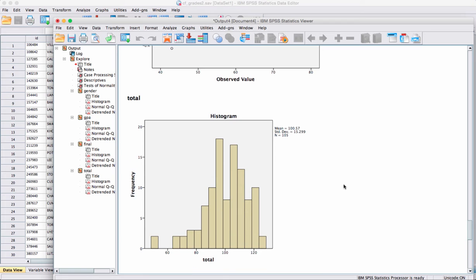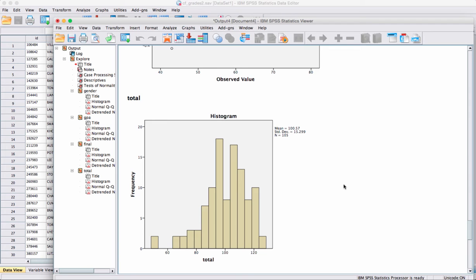So it'll be important that you include GPA and final in terms of the histograms for your report. Matter of fact, you should probably copy and paste all the histograms in your report and interpret them.